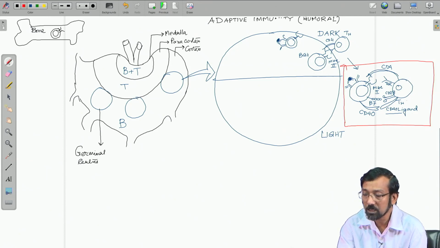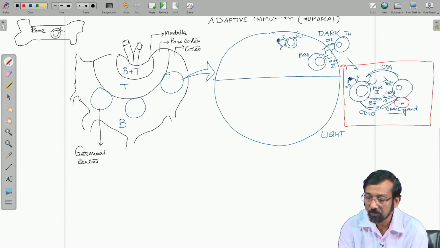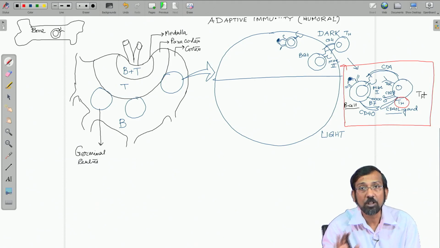Now this is a T helper cell and this is a B cell. So, a B cell to a Th cell interaction is established here.